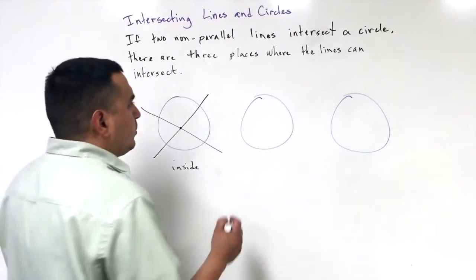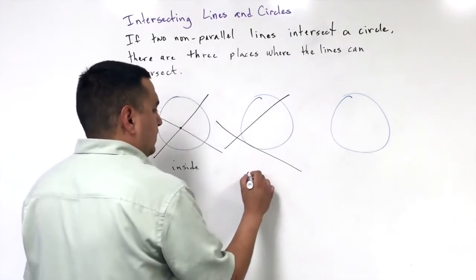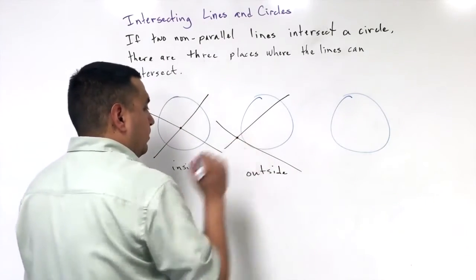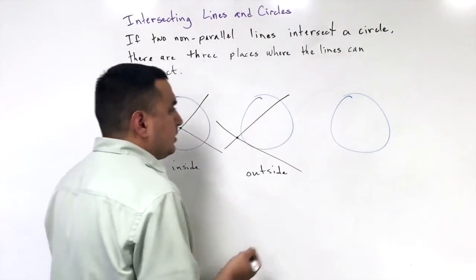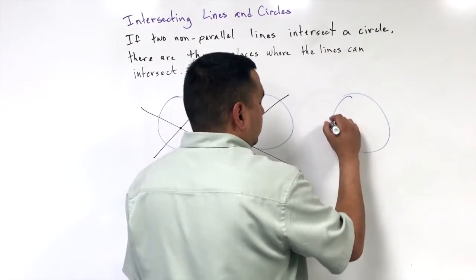They could also cross outside the circle here. The other possibility is that they cross on the circle.